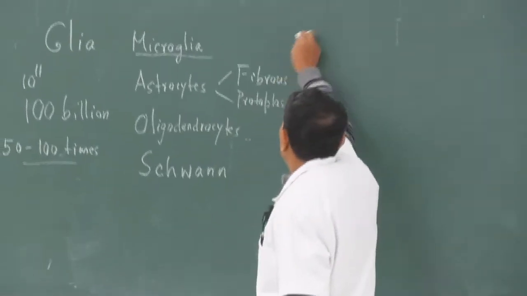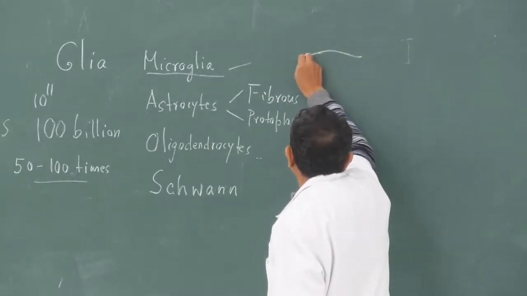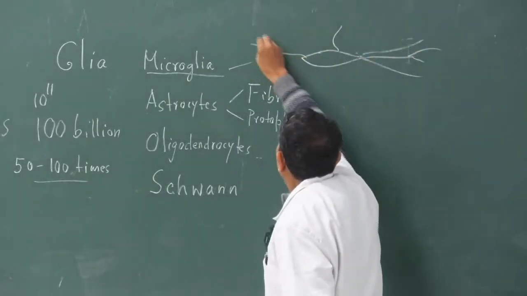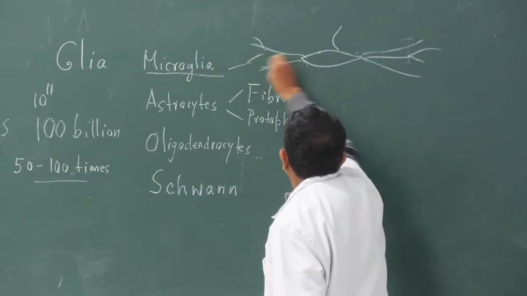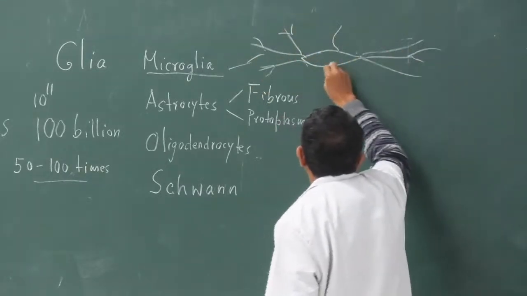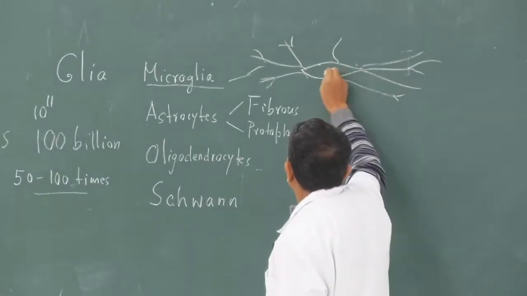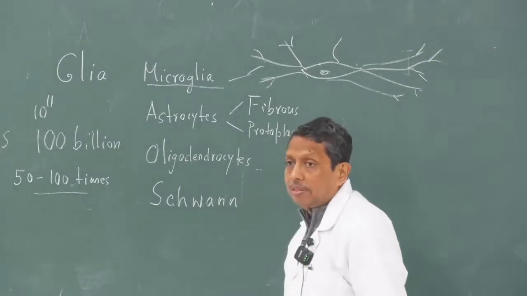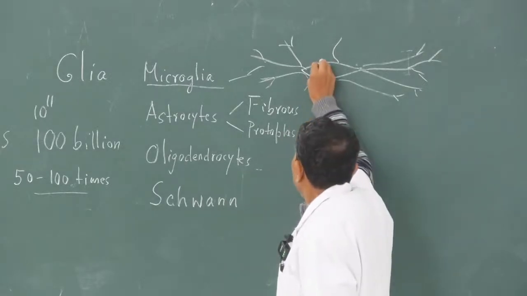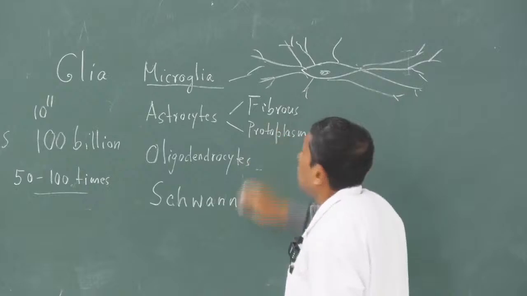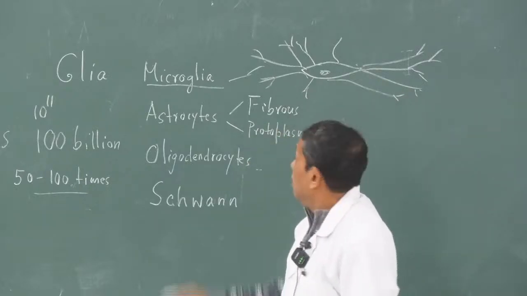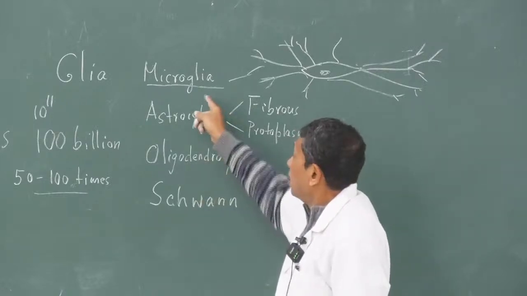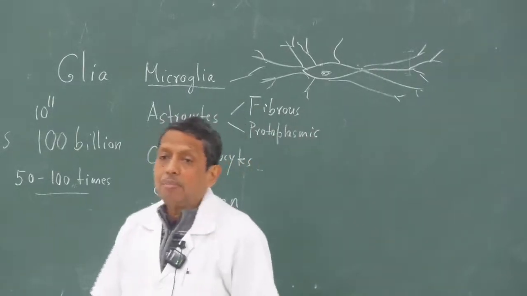They are small cells with a cell body and extensive processes. Its origin is different from the other glial cells. It is one variety of the monocyte macrophage system.